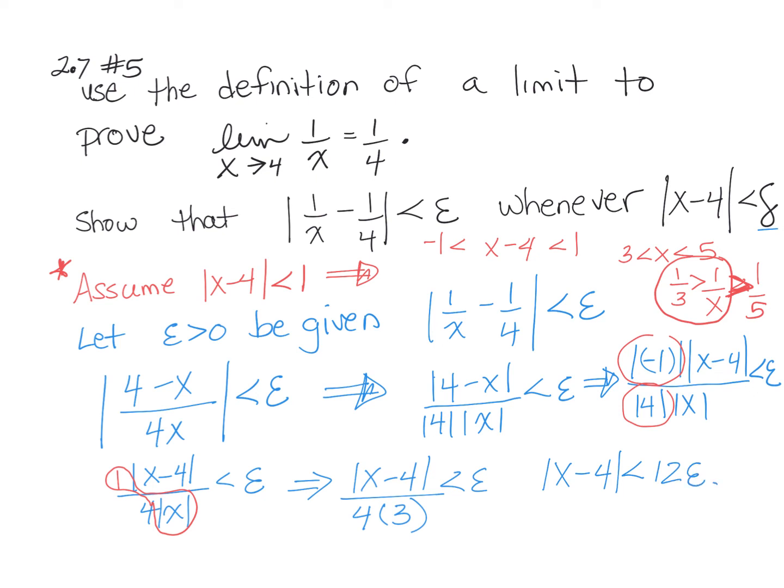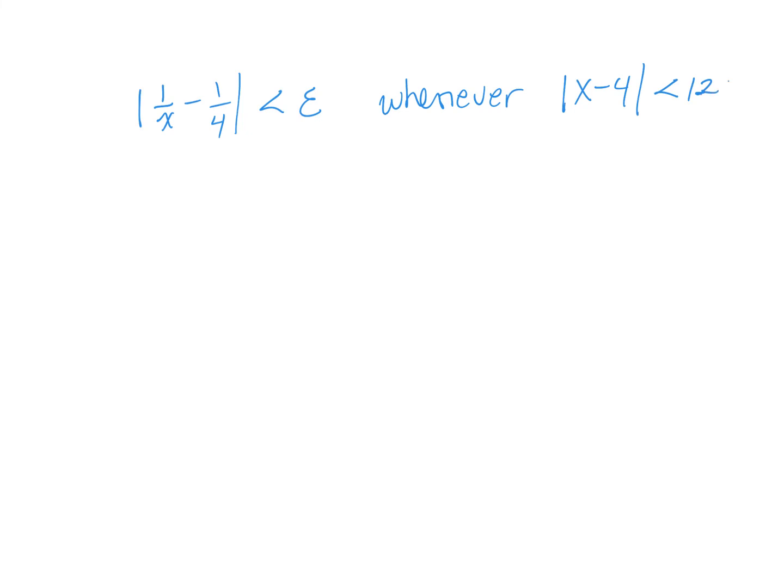So I'm going to go over to the next slide here and show you what we've done. We've said that the difference between the function and the limit was less than epsilon whenever the absolute value of x minus 4 is less than 12 epsilon, but we have also assumed that the absolute value of x minus 4 was less than 1 at the very beginning.